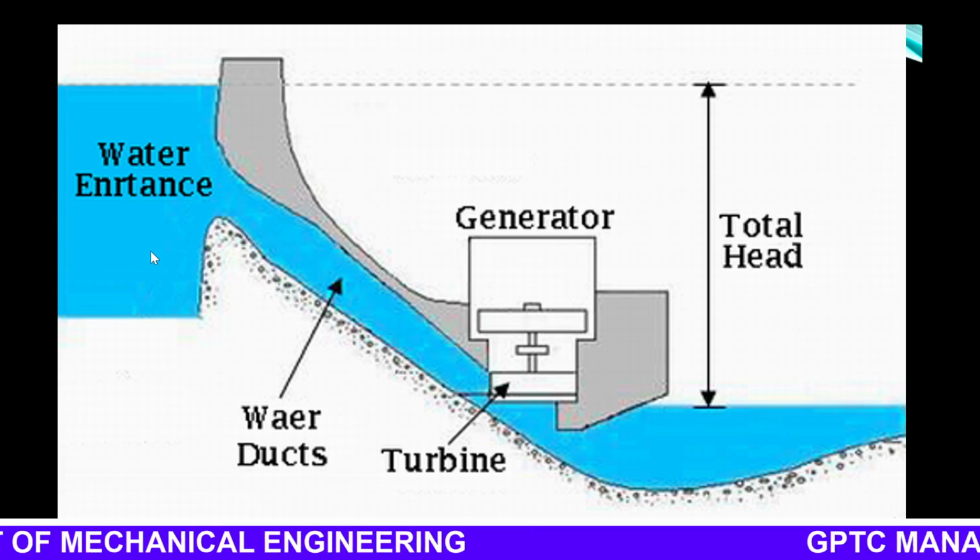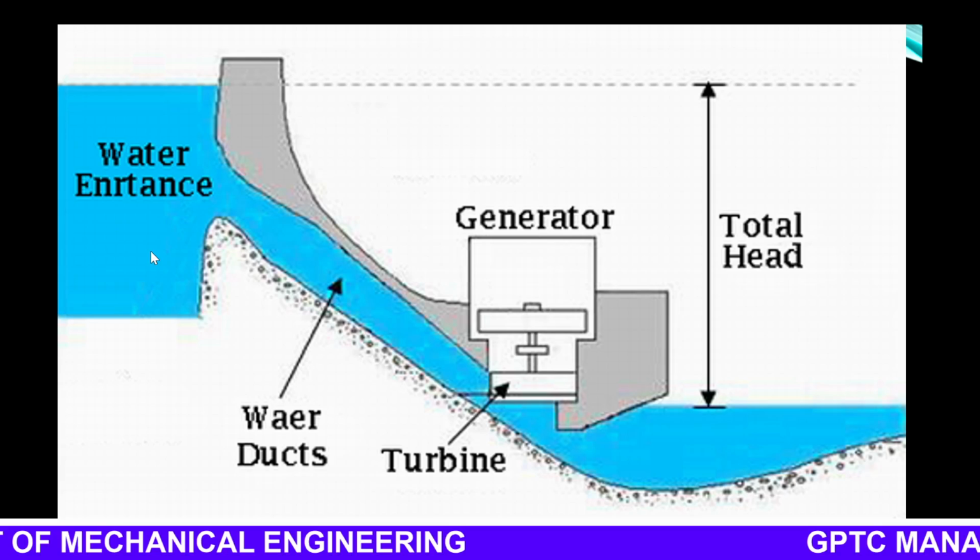Now we are studying the various heads in the turbine system. For that, one more thing. Here the turbine is rotated by means of the water coming from this reservoir, and work output is produced.